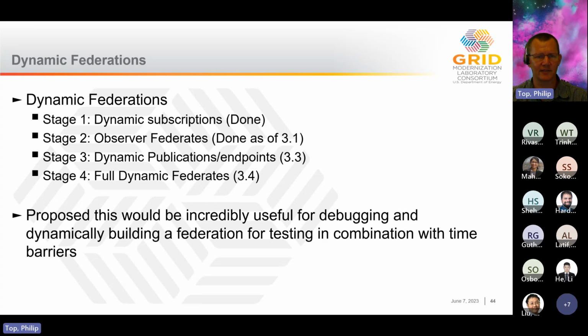Then dynamic publications and endpoints allow the creation of new publications as time goes along from existing federates, and the last stage was a full dynamic federation. Trevor has had some suggestions that this is really useful for debugging as you're slowly building up a co-simulation and dynamically building for testing, particularly in combination with the time barriers, which do the blocking operations.